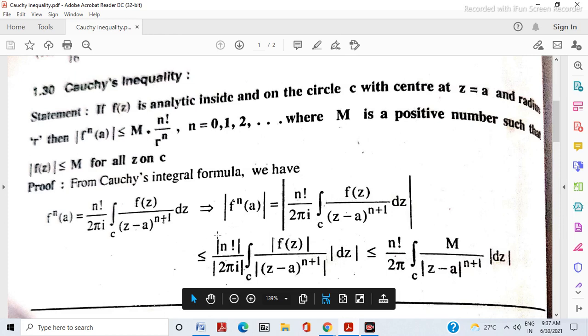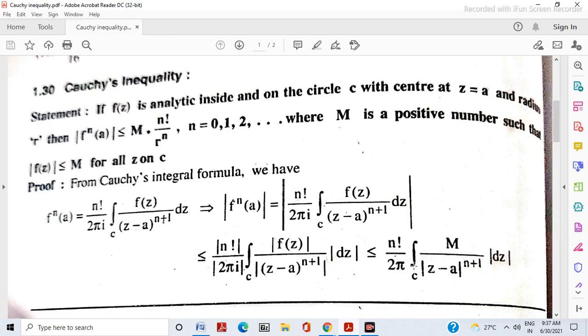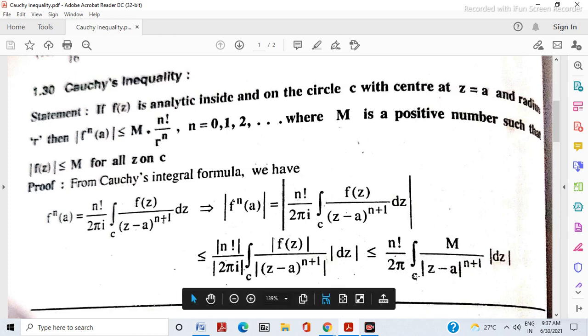Modulus of n factorial is the same as n factorial. Modulus of 2 pi i is 2 pi, since modulus of i is square root of 0 square plus 1, that is 1. Then integral over C.